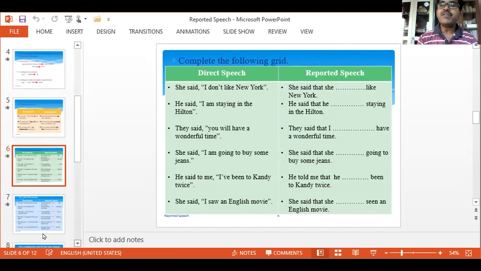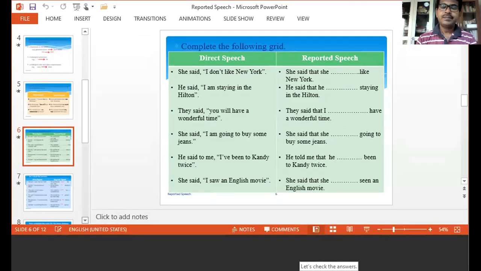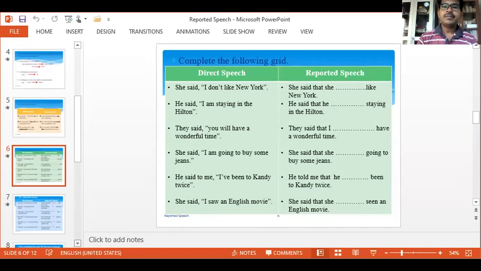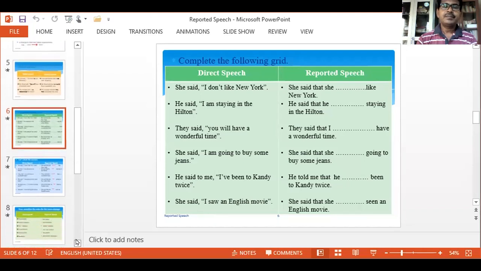Basically you have to fill in the changes that happen in the tense. So would you please fill in the blanks?